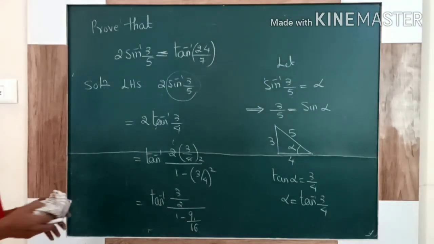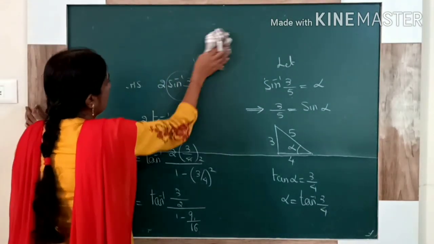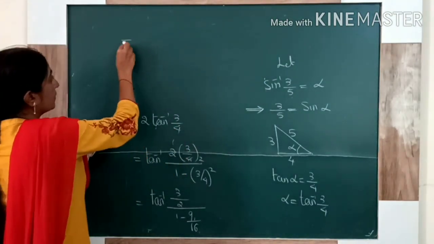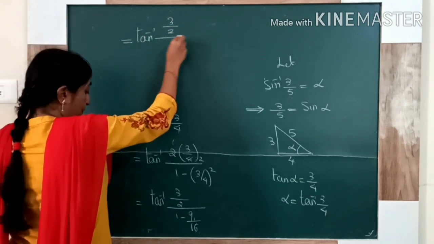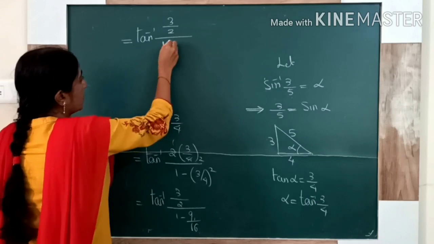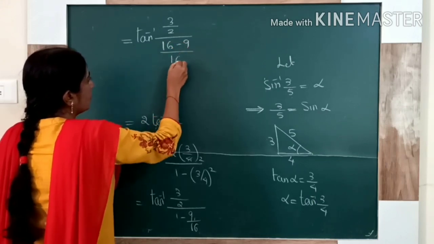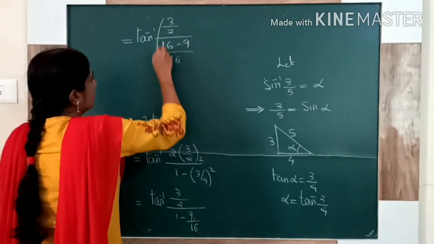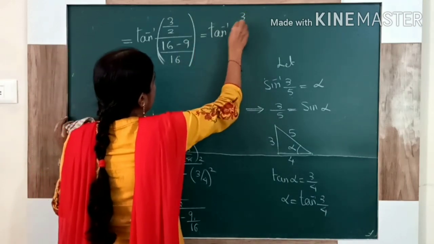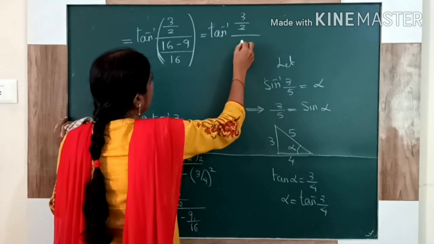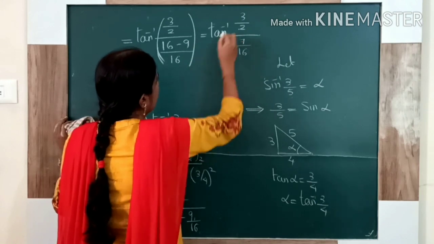And after that, solve the denominator. Tan inverse 3 by 2 upon 16 minus 9 upon 16. It should be tan inverse 3 by 2 upon 7 upon 16.